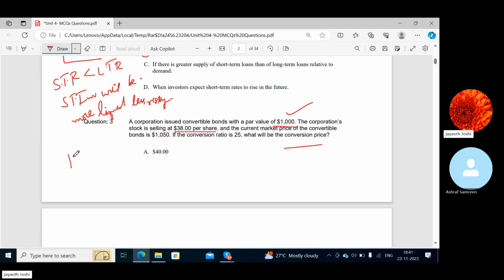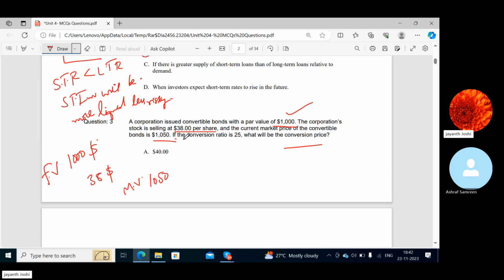So the par value of the bond is $1,000 and the market price of the stock is $38. And the current market price of convertible bonds is 1050. This is the market price. This is the face value, market value.